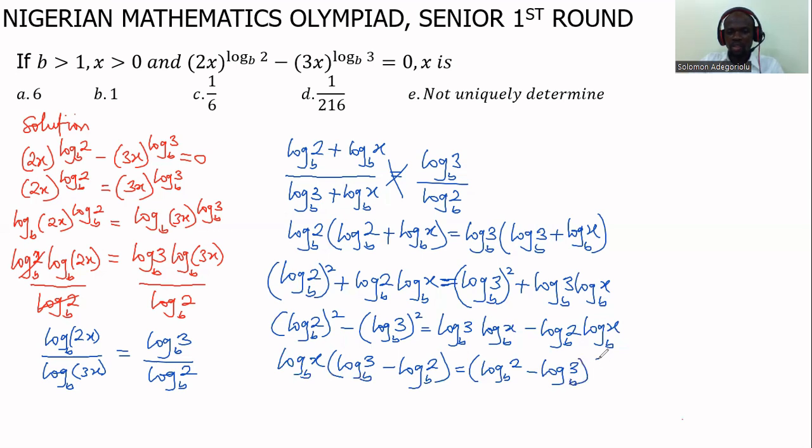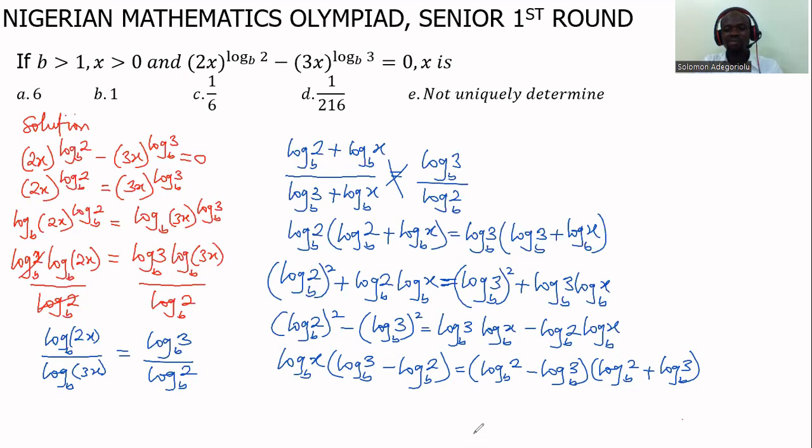Then the other part is going to be log 2 base b plus log 3 base b. From what we have here, we can see that something is almost similar with this part, but not the same thing. This one is log 3 base b minus log 2 base b, and we're having log 2 base b minus log 3 base b.